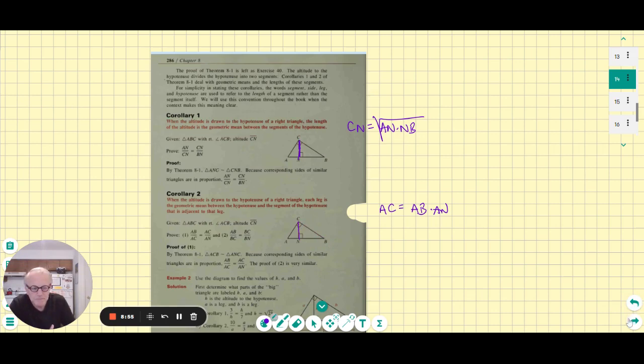For example, 5 square root 18: we've got a perfect square of 9 that we can pull out of the 18. So this becomes 5 times the square root of 9 times the square root of 2. Square root of 9 is 3, so 5 times 3 times square root of 2 is 15 square root of 2.